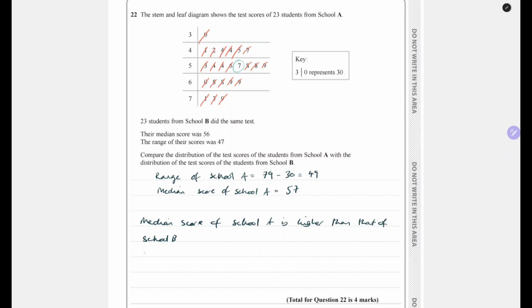And so the range of school A is higher than that of school B.